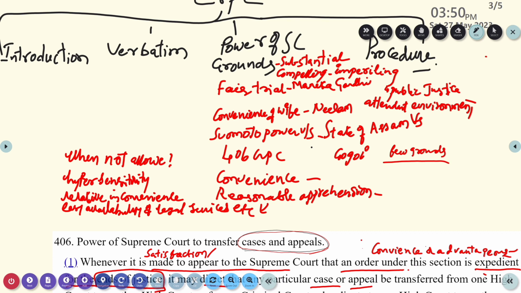Normally, one proverb is there in law: justice should not only be done, but it should seem to be done. What is that proverb? Justice not only to be done, it should seem to be done.